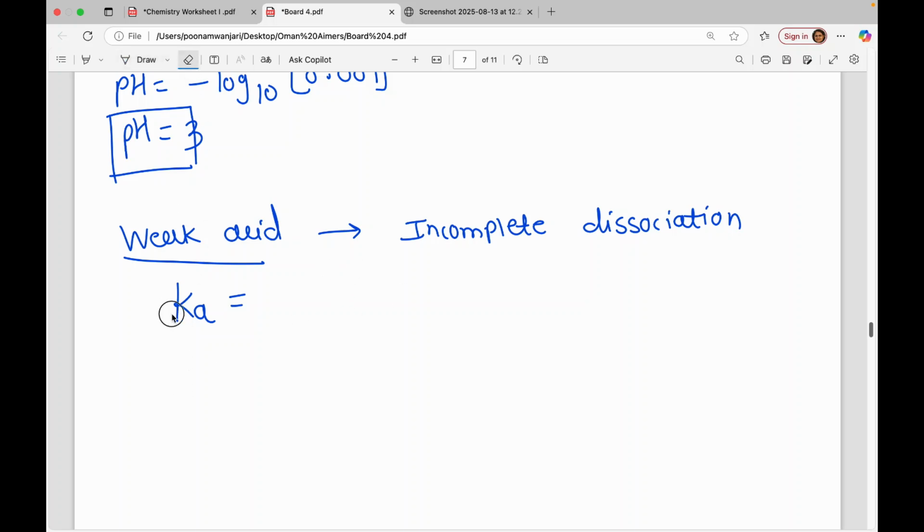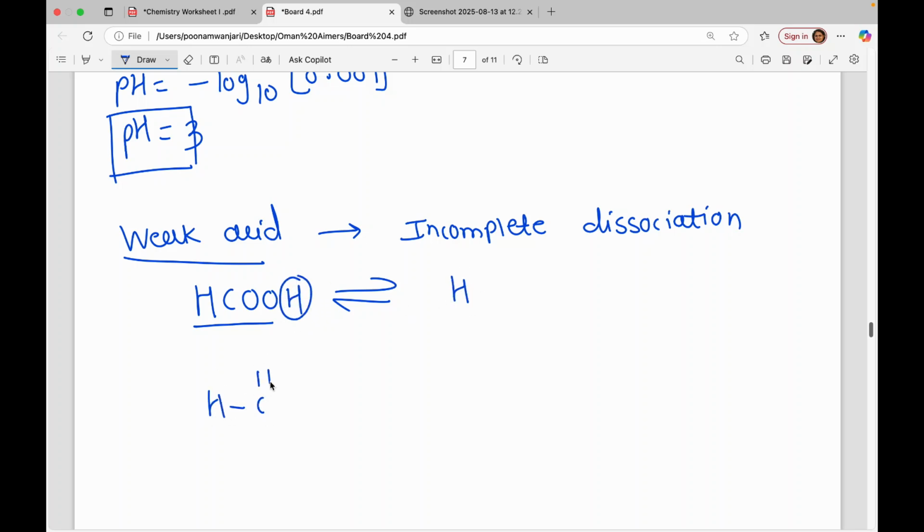So if you want to write down the dissociation of formic acid, the structure is like this: C double bond O OH. So the carboxylic acid loses this hydrogen, please don't try to remove this hydrogen.